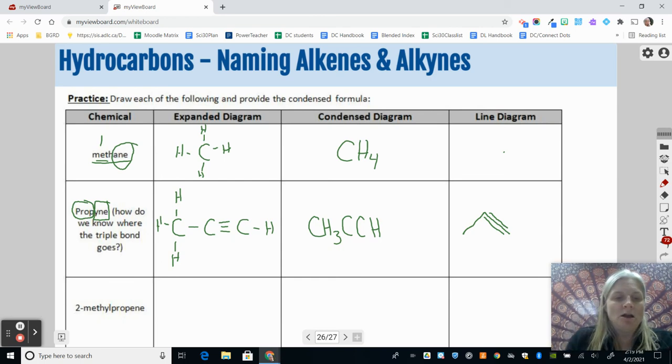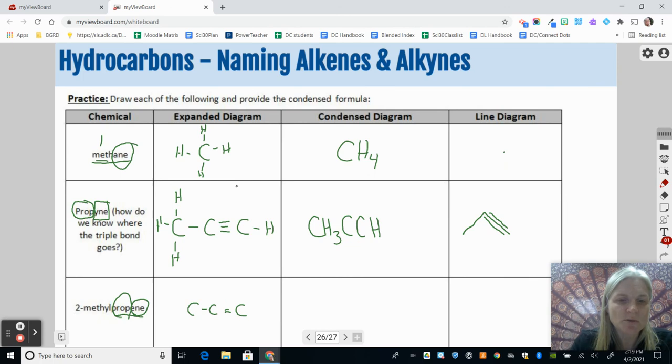So we would have something like that. All right, methylpropene. Prop tells us there's 3 carbons. 1, 2, 3. Ene tells us there's a double bond in here. And again, same with the propyne, it doesn't matter which one of these has a double bond because it's the same molecule. So you just pick a spot. There you go.